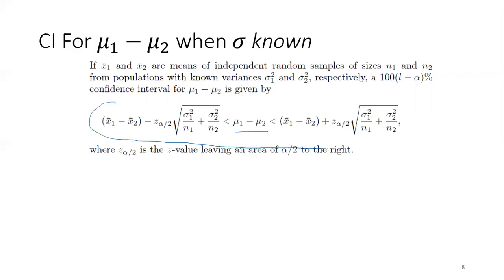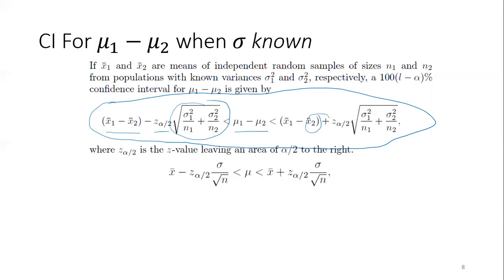So this is x1 bar minus x2 bar minus z alpha over 2 times the square root of sigma 1 squared over n1 plus sigma 2 squared over n2, and here I have a plus. Please notice the similarity between this and the previous confidence interval.